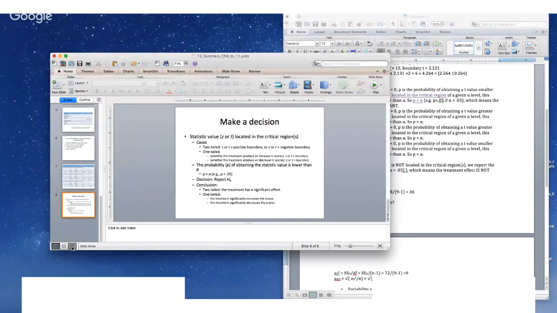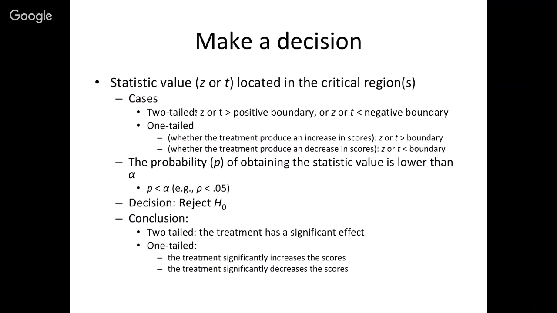So if the statistic value is located in the critical region, for a two-tailed test, if the Z or T score is greater than the positive boundary or smaller than the negative boundary, or in the one-tailed test, the probability of obtaining a statistical value is lower than alpha.